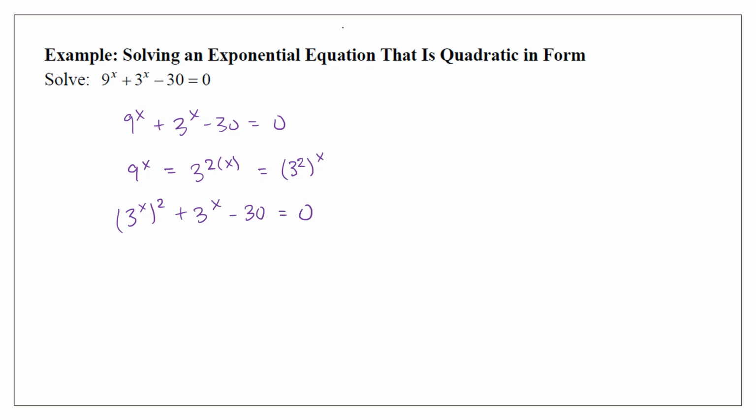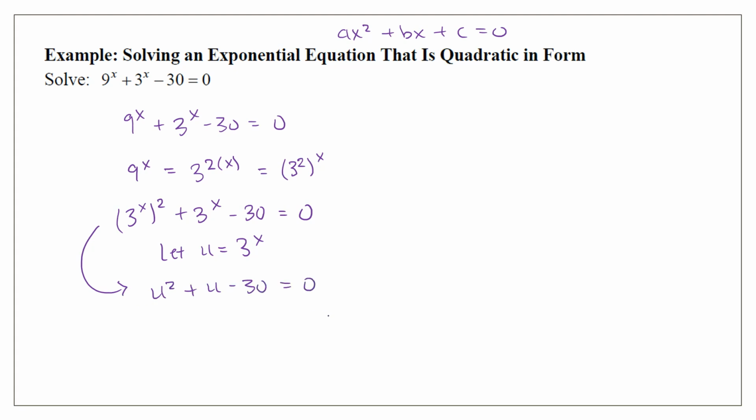Remember, a quadratic is written in the form ax squared plus bx plus c. So I'm going to let u equal 3 to the power x. If I let u equal 3 to the power x, then I can rewrite this equation as u squared plus u minus 30 equals 0.